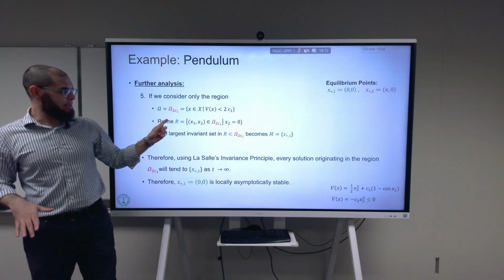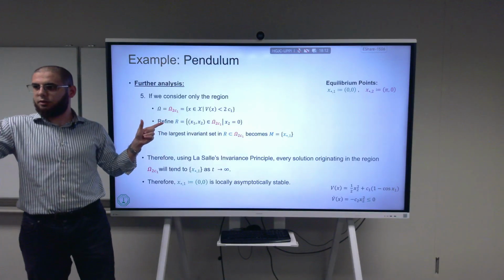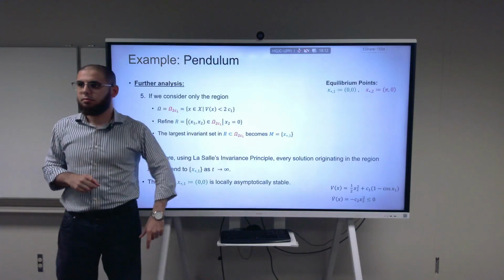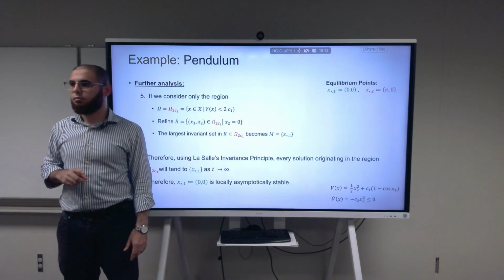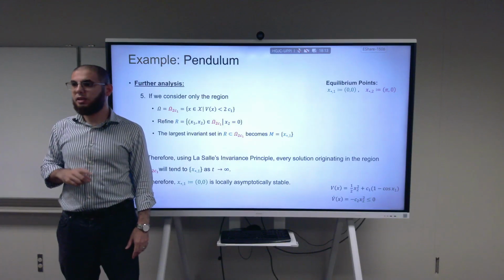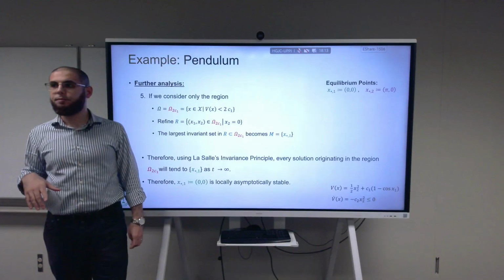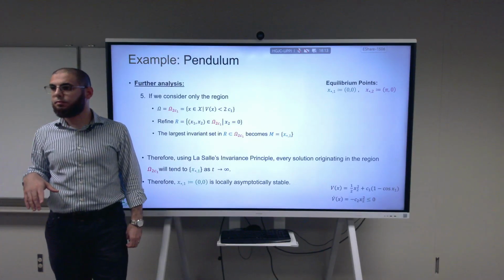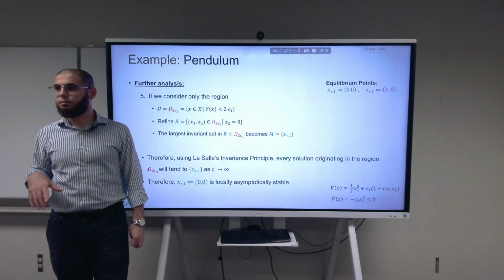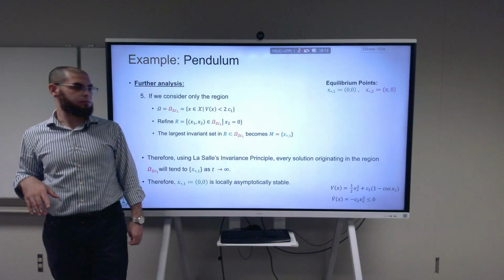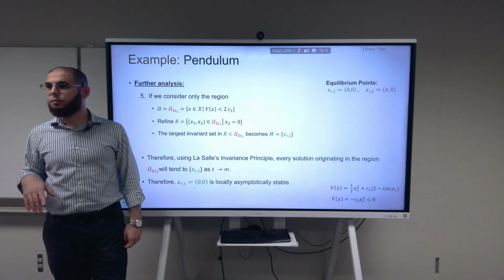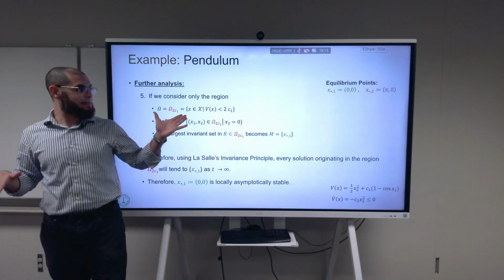Inside of this set, now we're going to be refining the R. Yes, question. V has two variables, it's a function of two variables, yes. If it's just an inequality of one variable, it's restricting it as a circle, right?